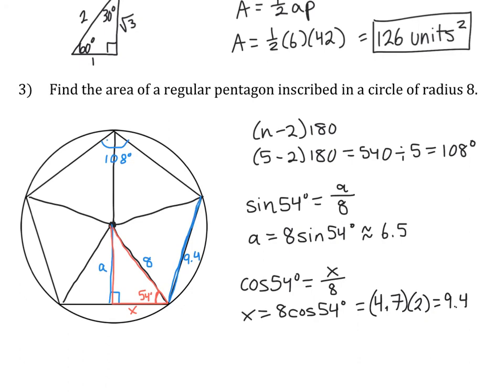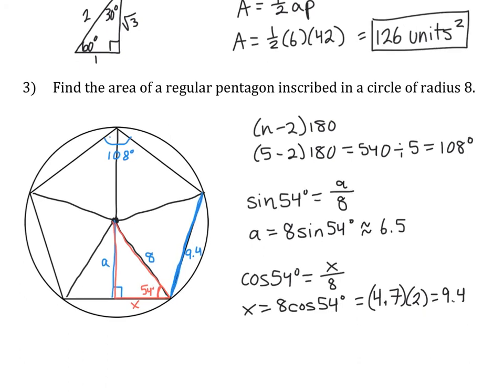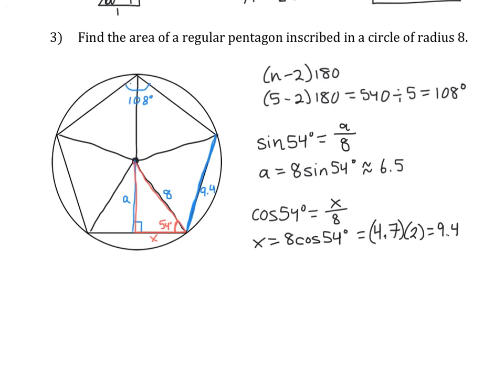So if you know the length of one side, we can now find the perimeter. So the perimeter of our pentagon will be 9.4 times 5 for the 5 sides, which is 47. And then we know the apothem, we already found that in a previous step. We found that our A value was 6.5.